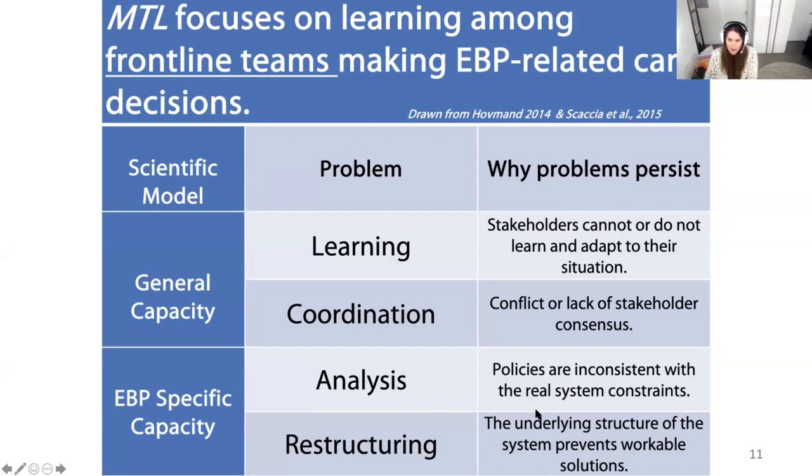This is something I put together from the book by Peter Hovmand. If you have the 2014 book, you'll see a version of this table, and also Jonathan Scott's. At the team level, we're thinking in general about modeling as the general capacities for learning and coordination that teams have, the ability to resolve some conflicts through modeling and achieve greater consensus, but also the formal capacity of the models mathematically to analyze the local resources and make sure that the strategies work and make sense.